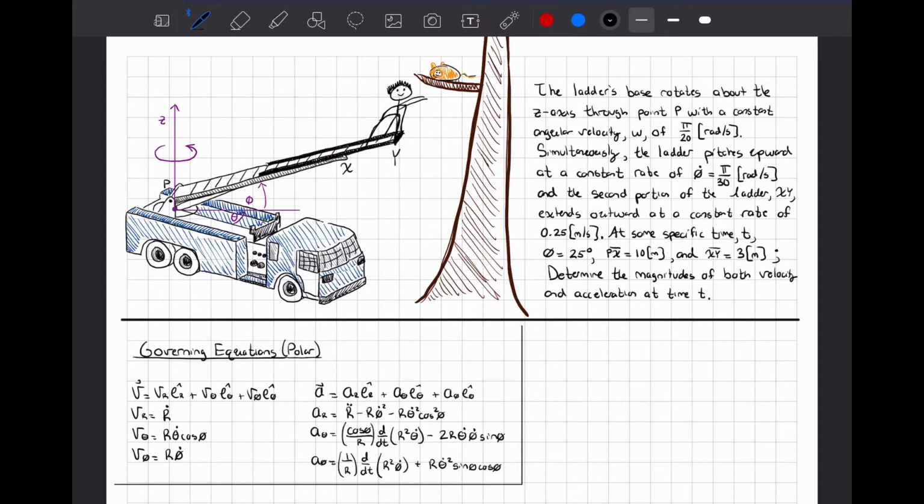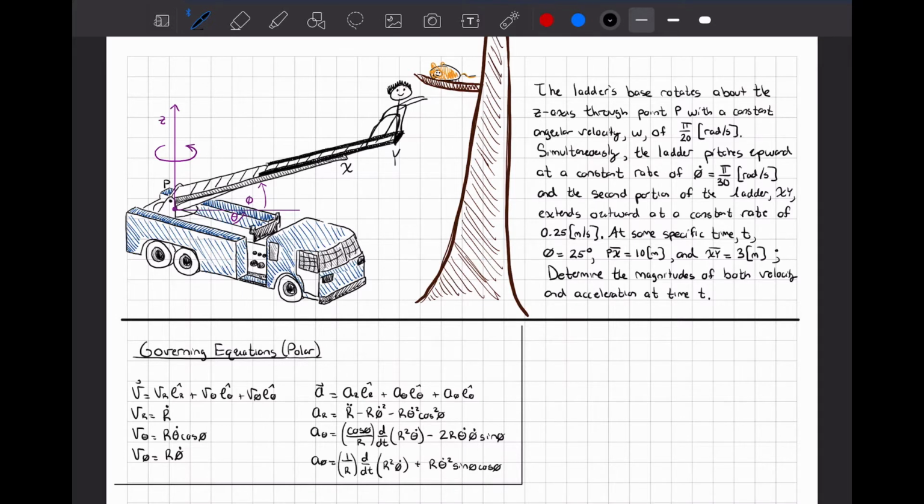Okay, so in a problem like this, the first thing you're going to want to do is decide on your coordinate system. So far we've talked about rectangular coordinates, so x, y, and z, cylindrical coordinates, which is r, theta, and z, and then we have polar coordinates, which is big R, theta, and phi, which is your rotation about the z-axis, and then your pitch angle phi.